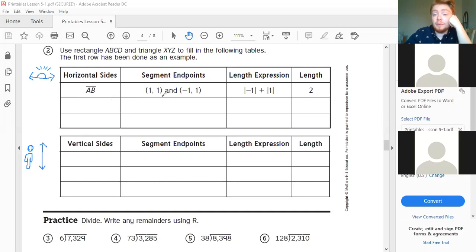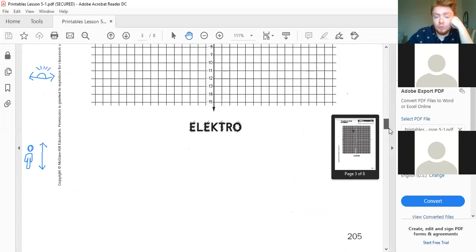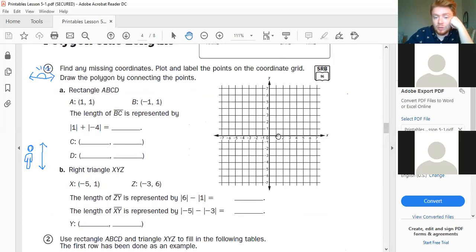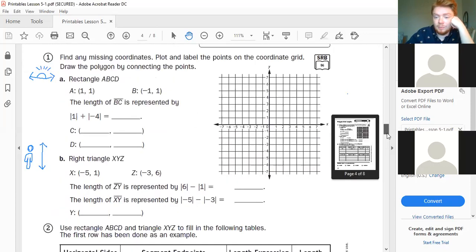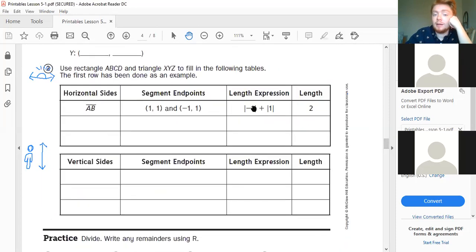If you remember this one, we had 1, 1, and negative 1, 1. That was the bottom right here. And then the expression negative 1 plus 1 was 2. Remember?